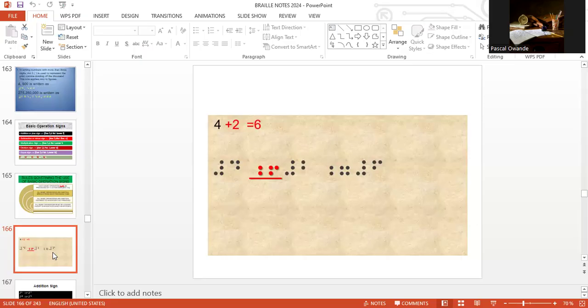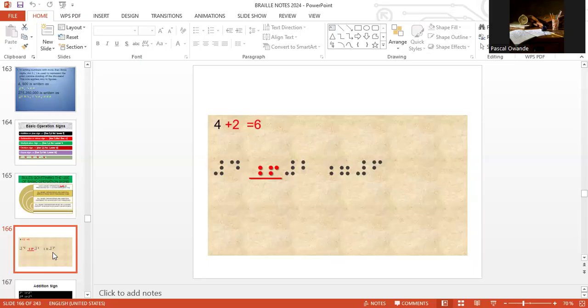So we'll have written 2 space plus, 4 space plus 2, we adjoin, space, equals 6 adjoined together. So when your work is going to be marked, the marker will check, did you put a numeral sign before writing 4? Yes. Did you space before the addition sign? Yes.